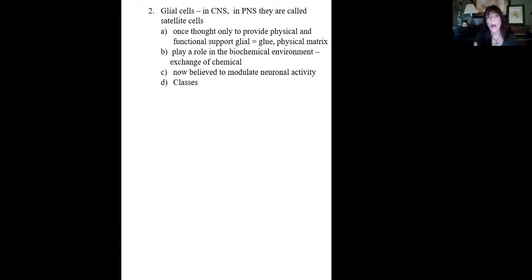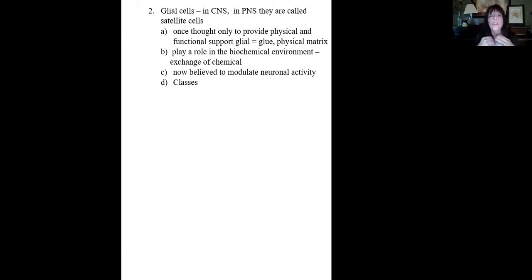Anyway, once it was thought the only thing they did, which actually is not a small thing, was to provide physical and functional support. The word glia comes from a word that means glue, providing a physical matrix in which neurons could exist and function. It was found later that they play a role in the biochemical environment, that they take part in the exchange of certain chemicals.